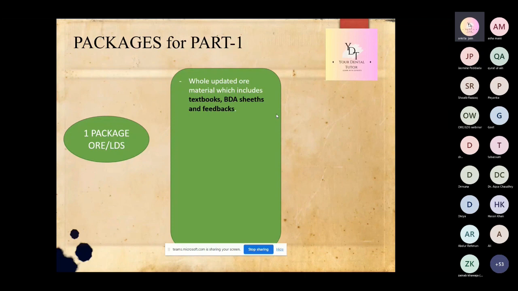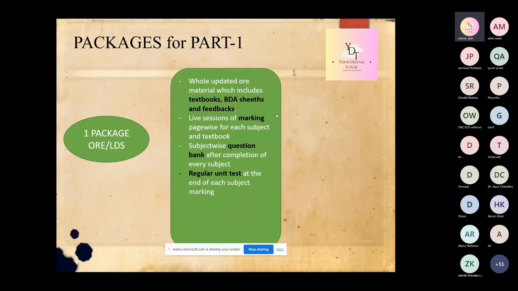That is the whole updated ORE material, which includes textbook, BDA sheets and feedbacks, live sessions of marking page-wise for each subject and textbook with great tips and tricks, subject-wise question bank after completion of every subject, regular unit test at the end of each subject, and doubt sessions after the subject completion. At the end, 3 to 4 mock exams will be conducted.